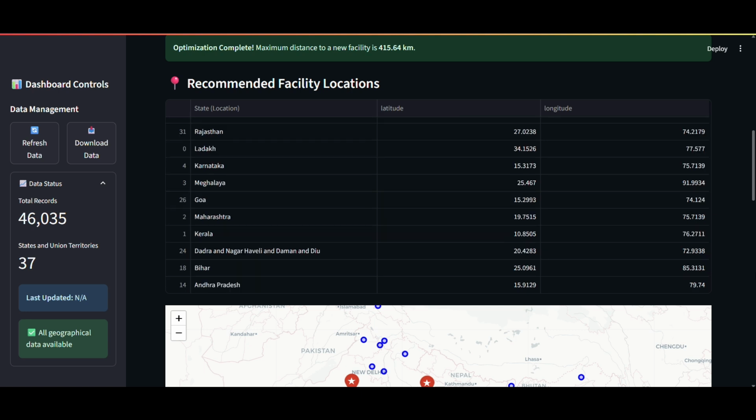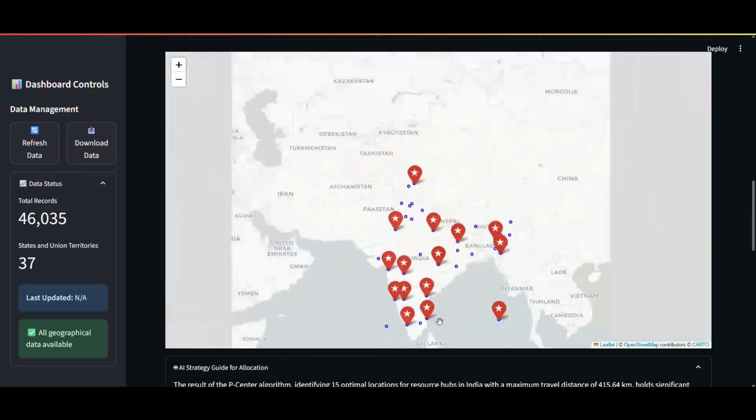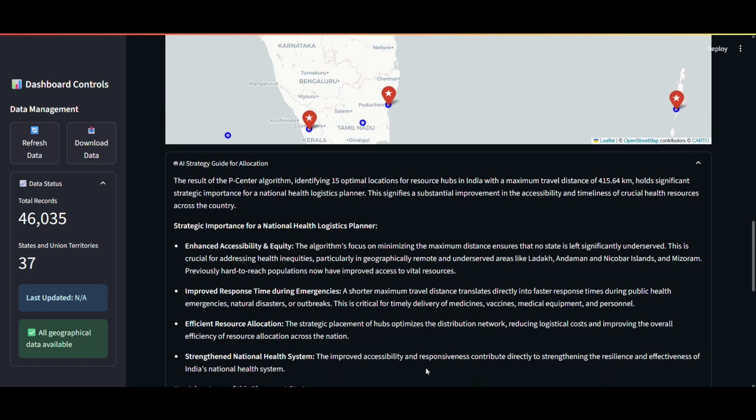And here is the visualization of different places where these facilities can be set up. And here is the result of the p-center algorithm.